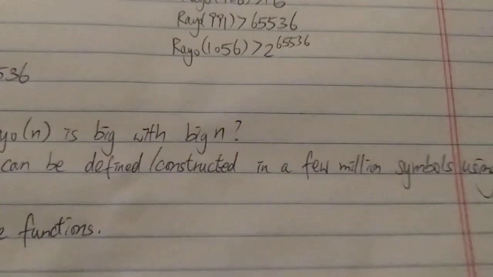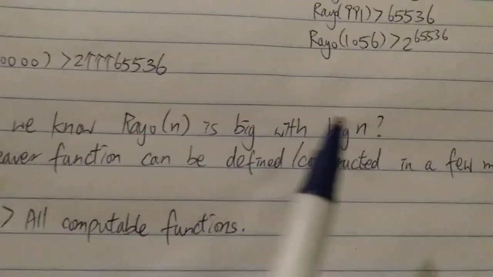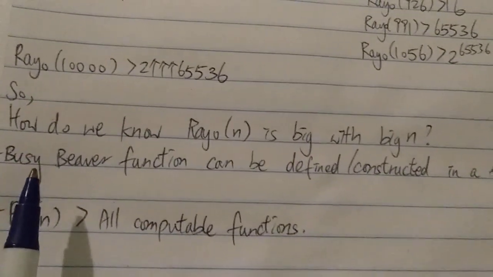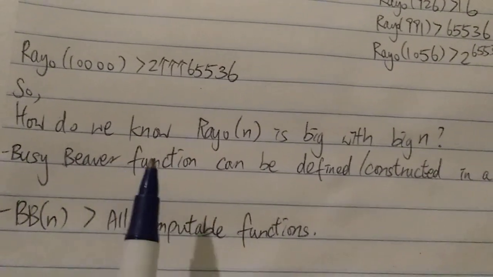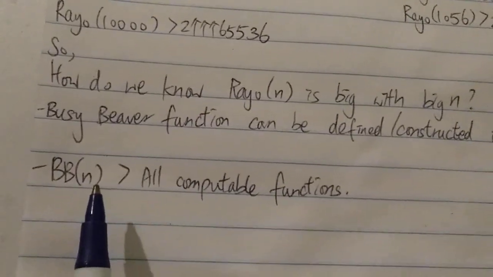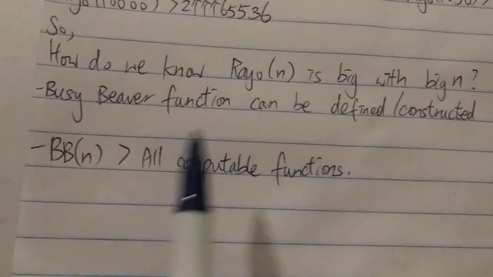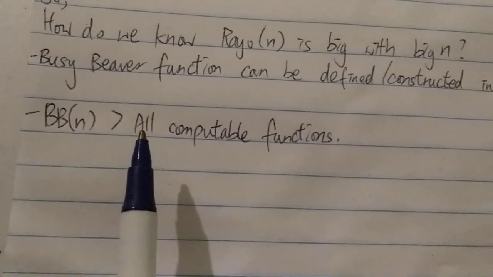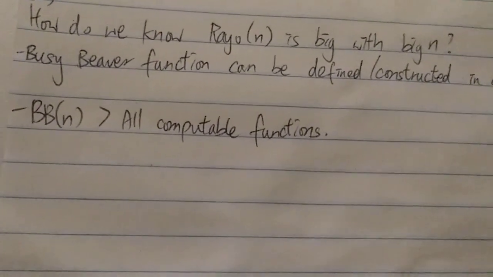So far still not very impressive, but this is the important part. Because we all know that the busy beaver function is a very, very fast growing function, it actually grows faster than all computable functions.